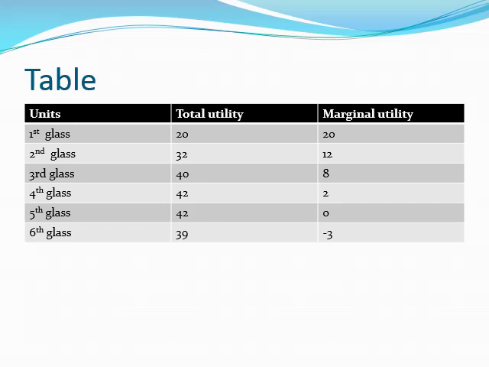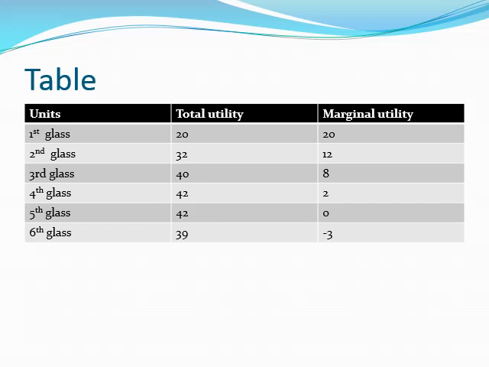This is the statement of the law. Let us move to the second glass. The second glass gives the consumer 12 marginal utility.